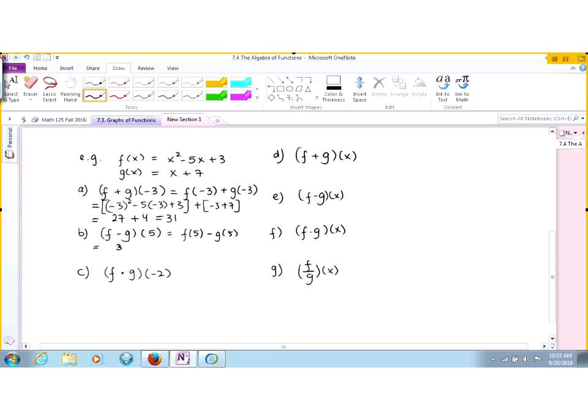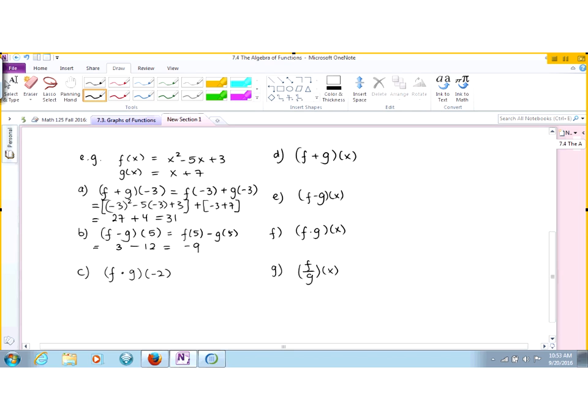No, isn't it 0 plus 3? So it's 3, and then g of 5. What is g of 5? G of 5 is 5 plus 7, which is 12. So 3 minus 12 is -9.